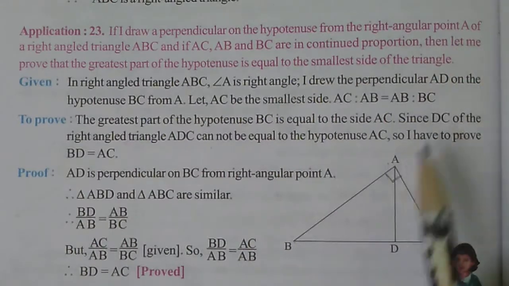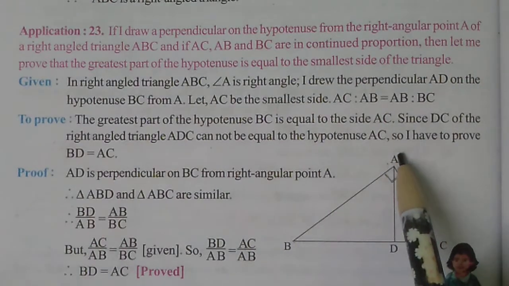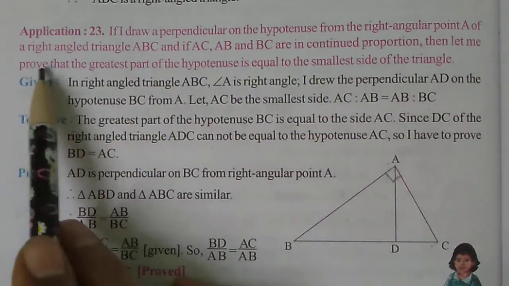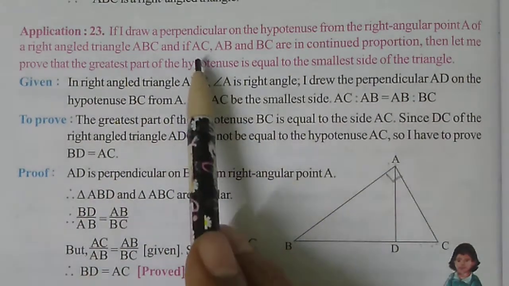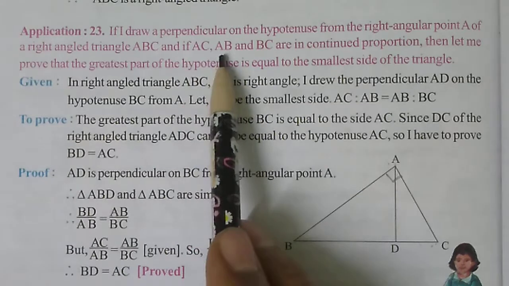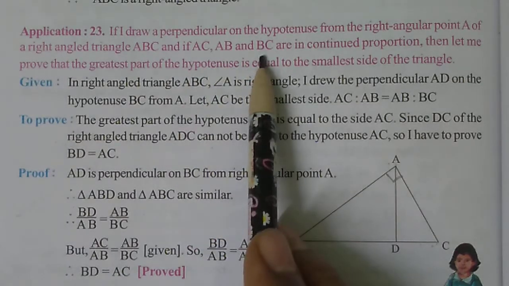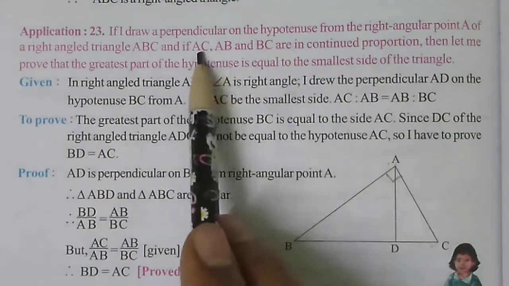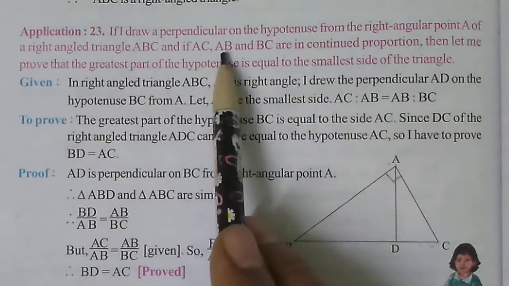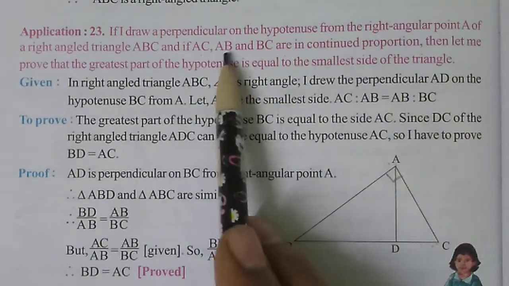Right angular point A is the right angular point of the right angle triangle ABC. If AC, AB and BC are in continued proportion, continued proportion means AC is to AB equals to AB is to BC.